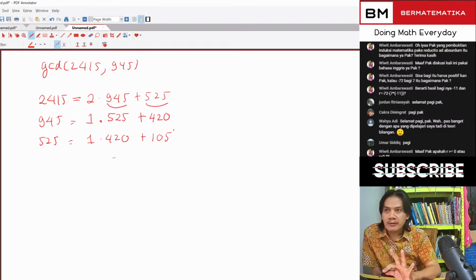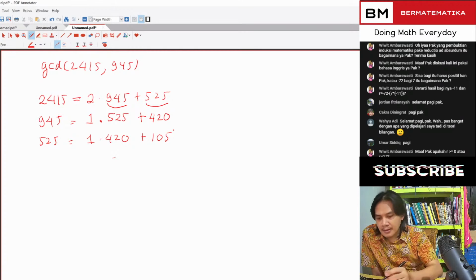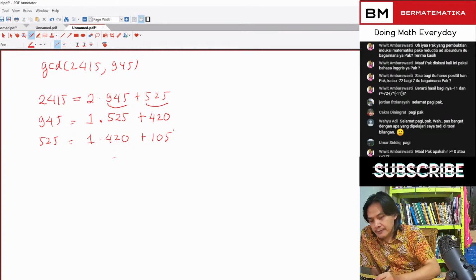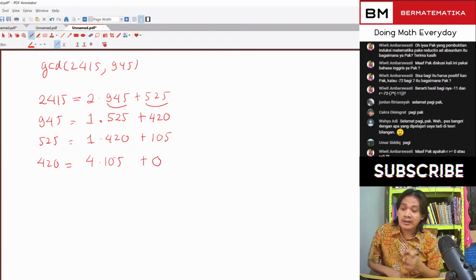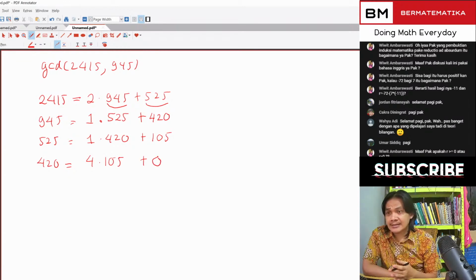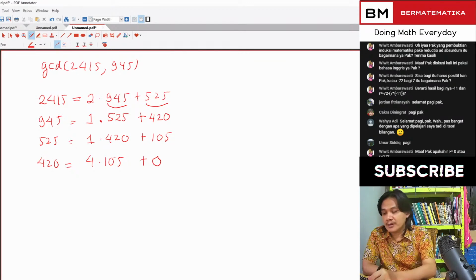Please stop me if I made any mistake. 420 is equal to 4 times 105 plus 0, right? That's even. So according to our algorithm, the GCD of these two numbers is the previous remainder.